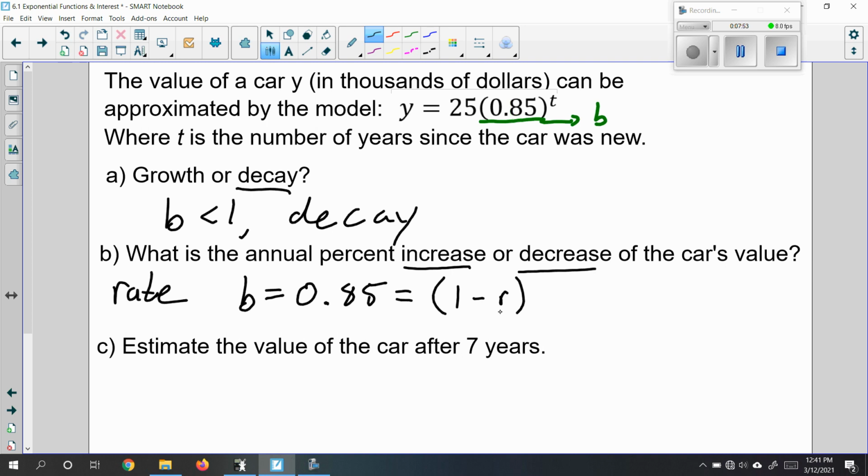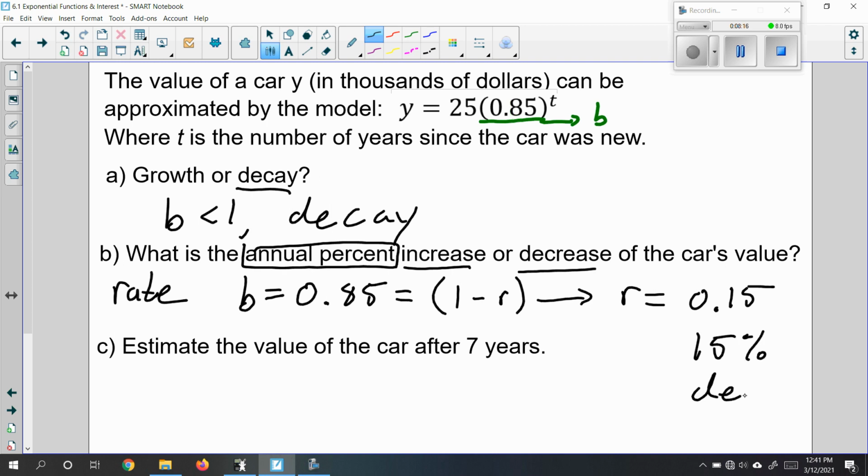Well, I can just set these two equal. And that means that r is equal to 0.15. You just solve for r. So the annual percentage increase or decrease is 15% decrease each year.